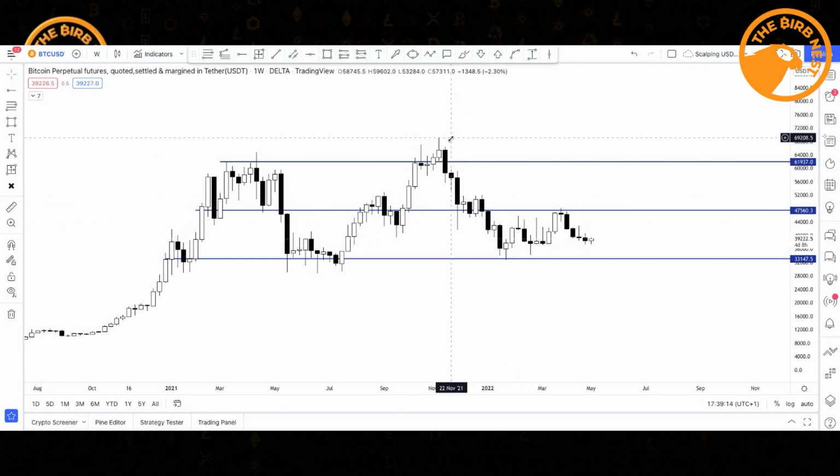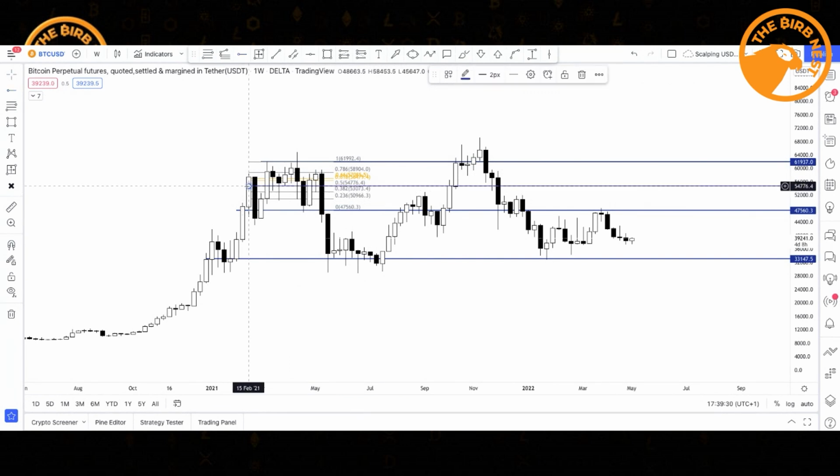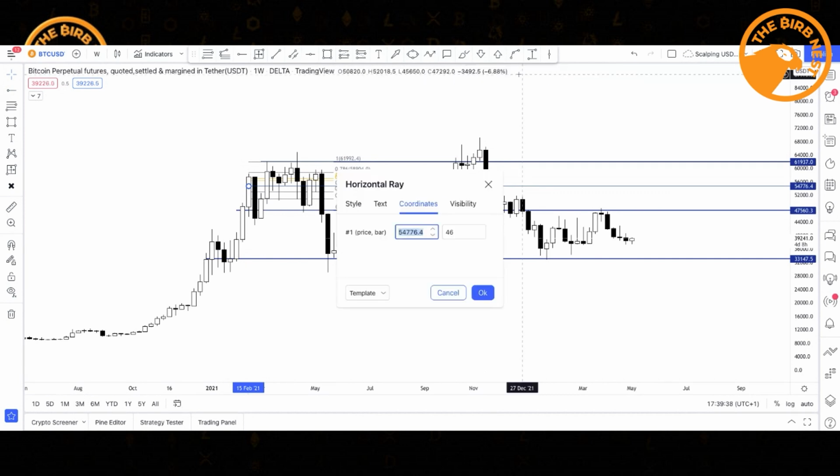Okay, so using the same techniques, I'm going to take my Fibonacci. I'm going to take it from the high of the range down to the low, or the upper resistance line to the support line. I'm then going to take my horizontal ray on the 0.5 line, which is here. For me personally, I then take that down by 1 grade to the 1px, all right?